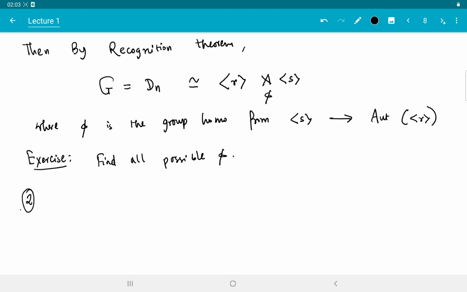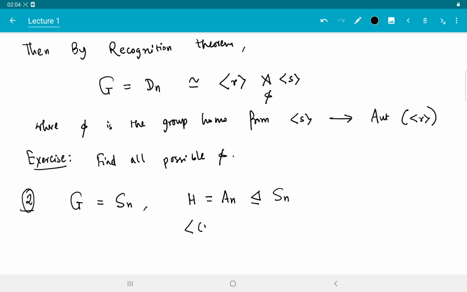And the next example: take G equal to Sn, the symmetric group on n symbols. Observe that H is equal to An, which is a normal subgroup of Sn, right?